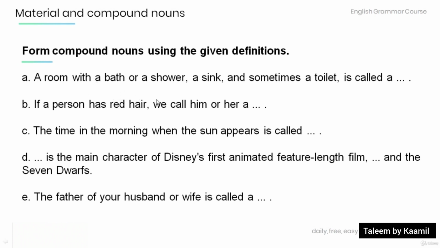A. A room with a bath or a shower, a sink, and sometimes a toilet is called a... B. If a person has red hair, we call him or her a... C. The time in the morning when the sun appears is called... D. The main character of Disney's first animated feature-length film, Snow White and the Seven Dwarfs.